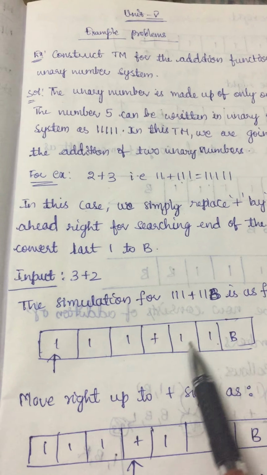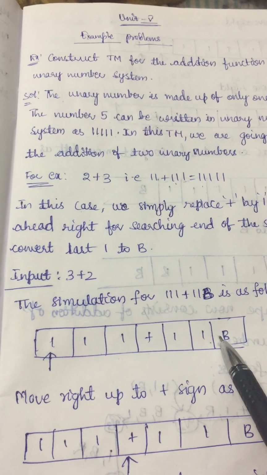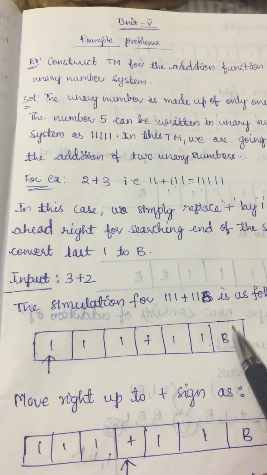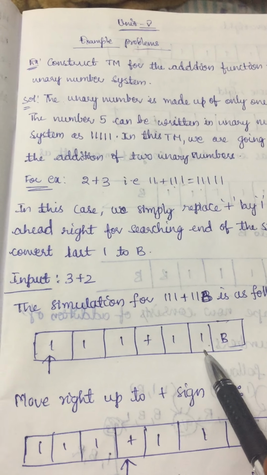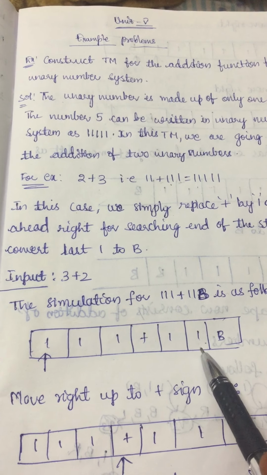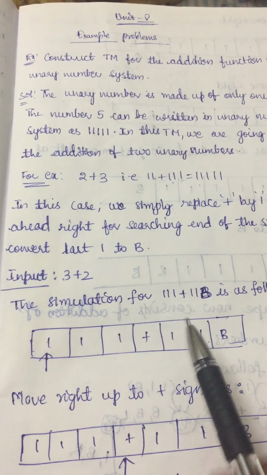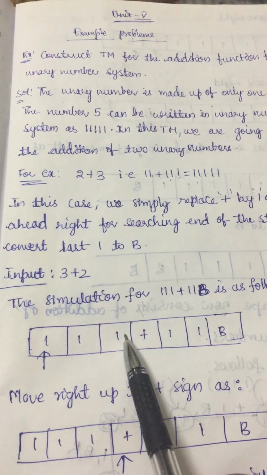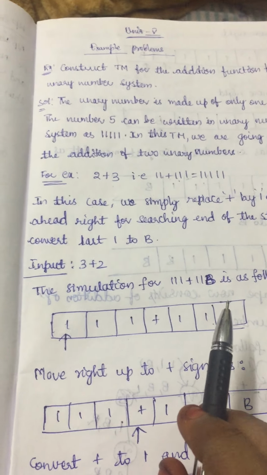And here 2 more ones are there. Among these 2 more ones, the 1 before the blank symbol will now be reduced, or converted, to a blank symbol. So if we reduce this 1 to a blank symbol, then we have 1, 2, 3, 4, 5. 5 ones will be present here.